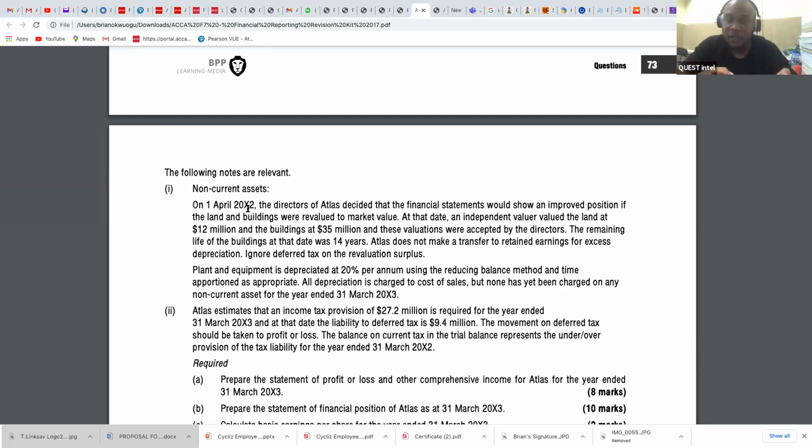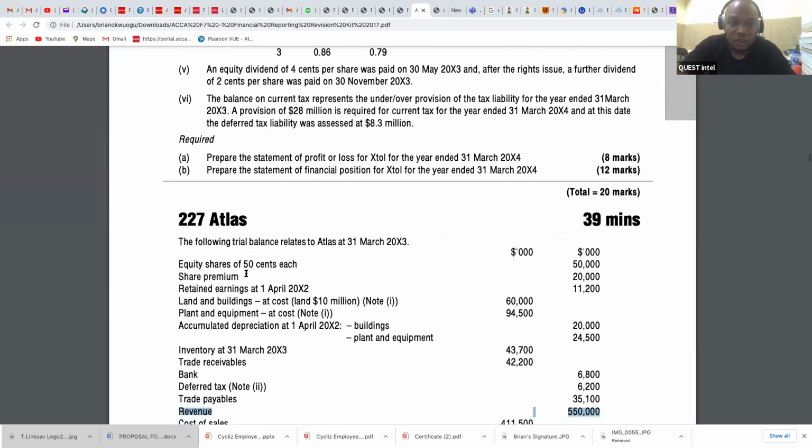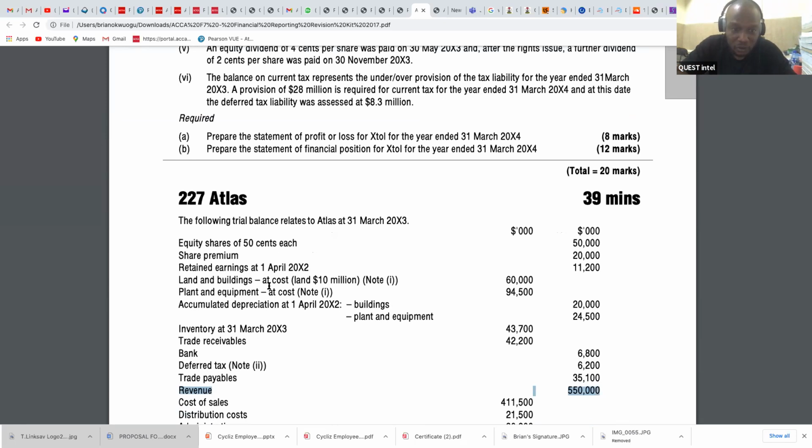If the revaluation was done at the end of the year, then we would first need to do cost minus accumulated depreciation at the beginning of the year, get the carrying value at the beginning of the year, and then depreciate it for that year before we compare it to the revalued amount. You must compare the carrying value and the revalued amount at the same point in time.